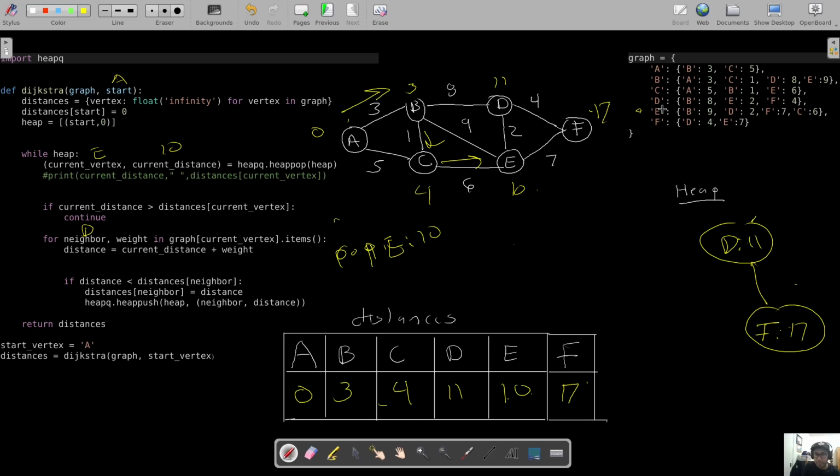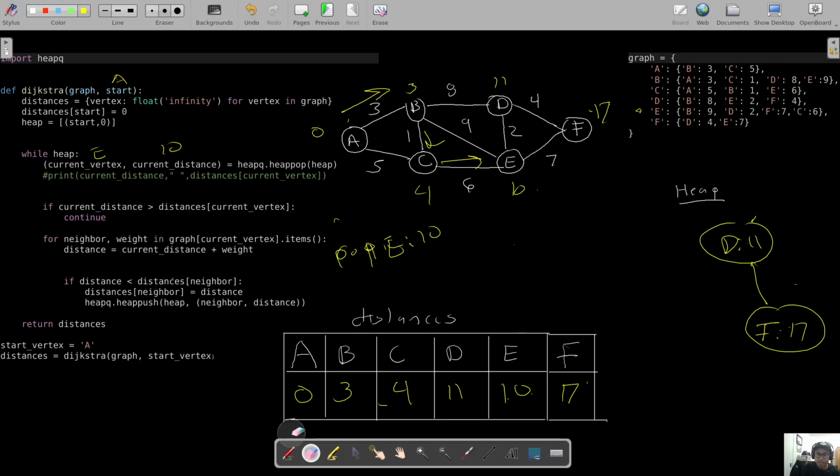The weight is 2. So the current distance is 10 and the weight is 2. 10 plus 2, that's 12. 12 less than, what's the current one for D? 11. No, we do not change it. All right, and we're done at E.